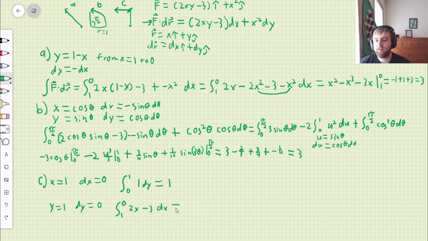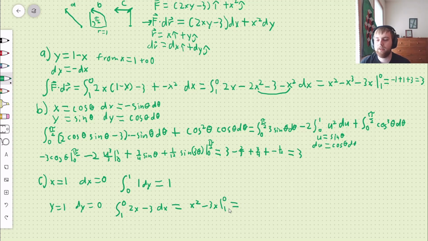Integrating this is not that difficult, provided that you already know how to integrate in the first place. So you end up with x squared minus 3x from 1 to 0. At 0, this is all 0.